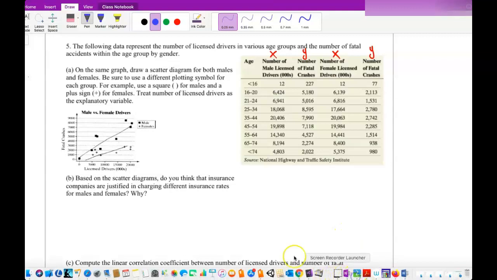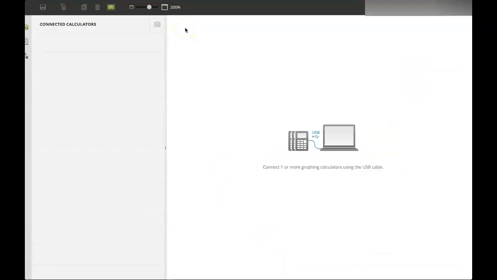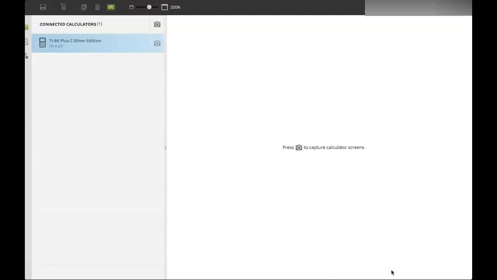Okay, we're going to use the TI-84. First press 2nd. After 2nd, press 0. So 2nd, 0, then scroll down to find DiagnosticOn.